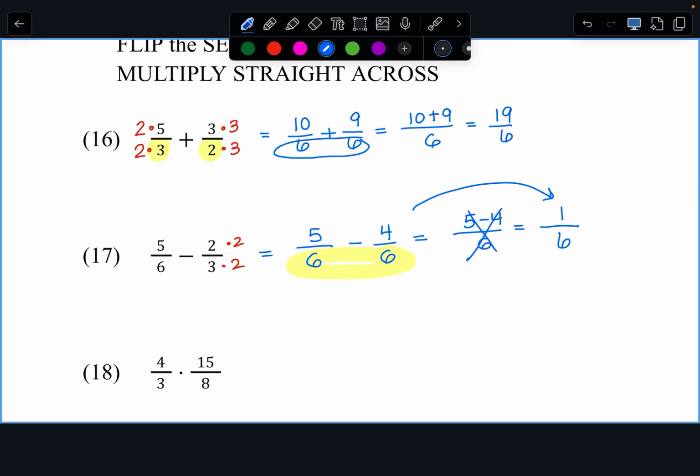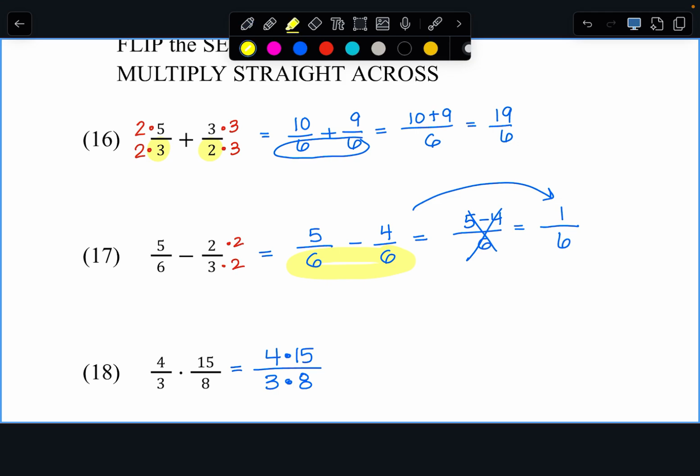All right, multiplying. You can multiply straight across, or you could reduce first. You could reduce those cross things. Because if you think about it this way, this is essentially doing 4 times 15 over 3 times 8, right?